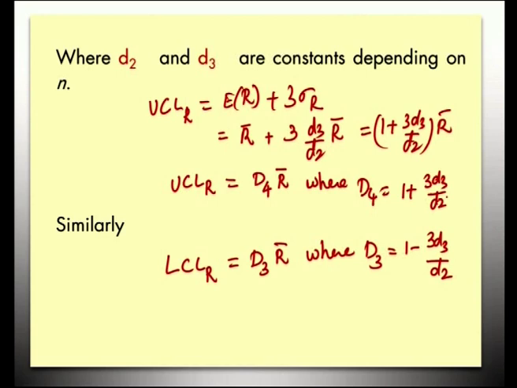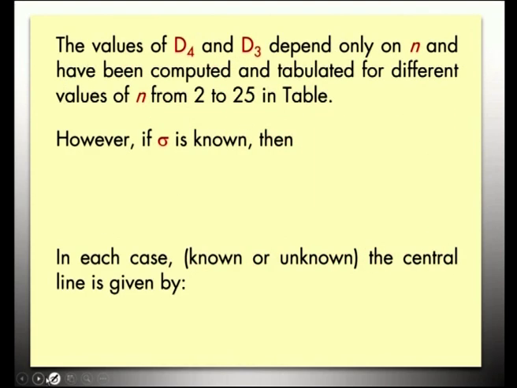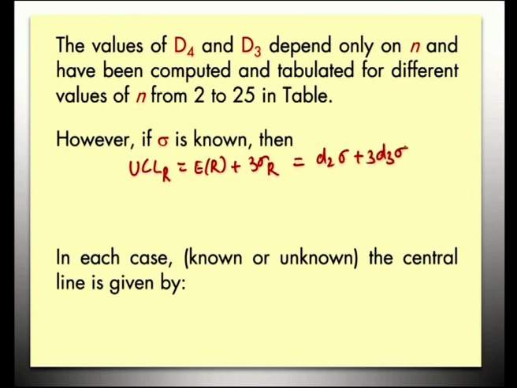Okay. Next, the values of D4 and D3 depend only on n and have been computed earlier and tabulated for different values of n from 2 to 25 in the table just shown, table of control chart constants. However, if sigma is known, then UCL of R is equal to E of R plus 3 sigma R, which is d2 sigma plus 3 d3 sigma.